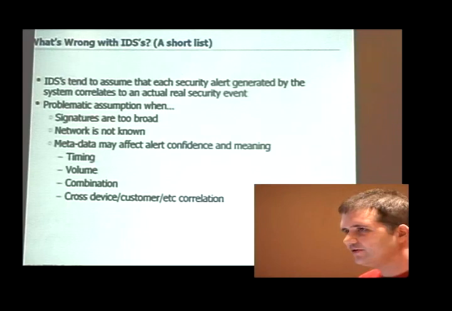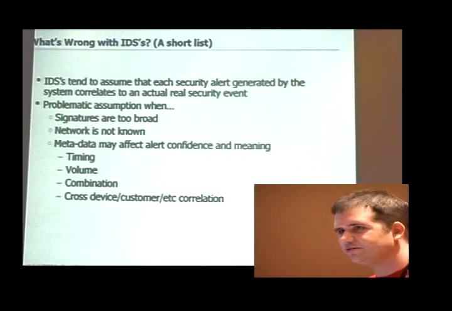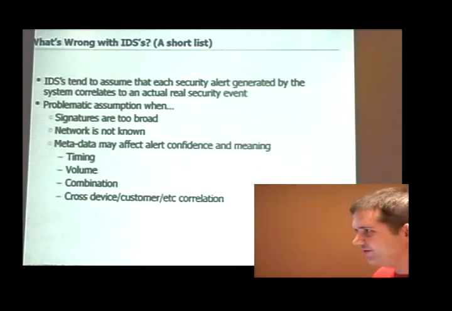The network isn't known. If I'm looking for something unusual, or bad, good, whatever, in a data set, the IDSs programmatically need to know something about the data set they're looking at. They're not very good at doing ad hoc pattern matching.